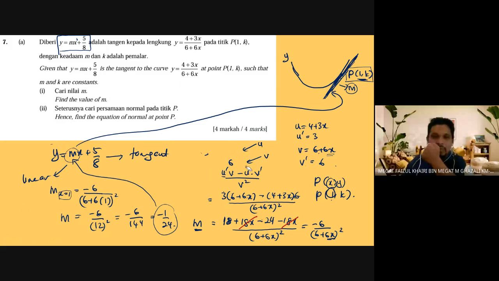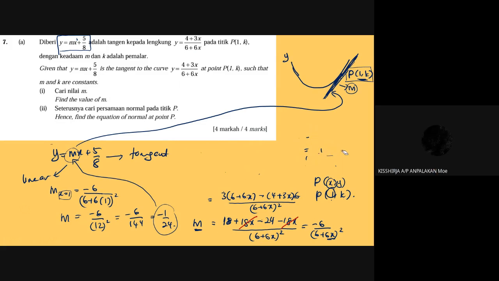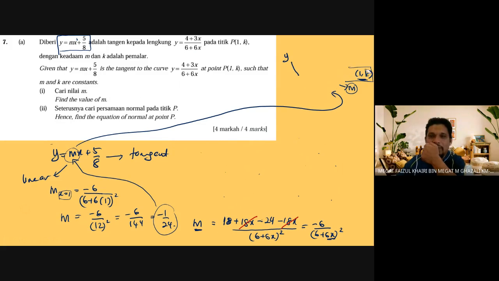What is the question of B? Read it for me. Given that y equals mx plus 5 over 8 is the tangent to the curve y equals (4 plus 3x) over (6 plus 6x) at point P(1, k), such that m and k are constant, find the value of m. The first one, m equals negative 1 over 24.